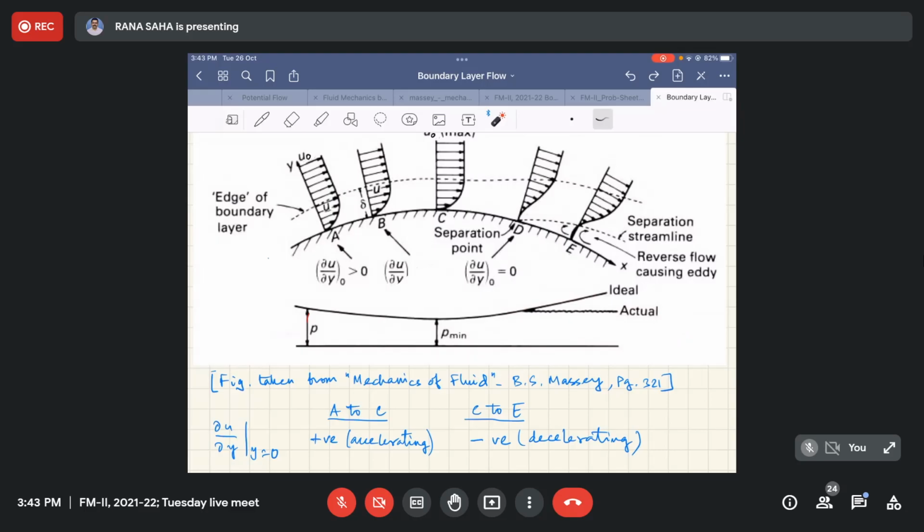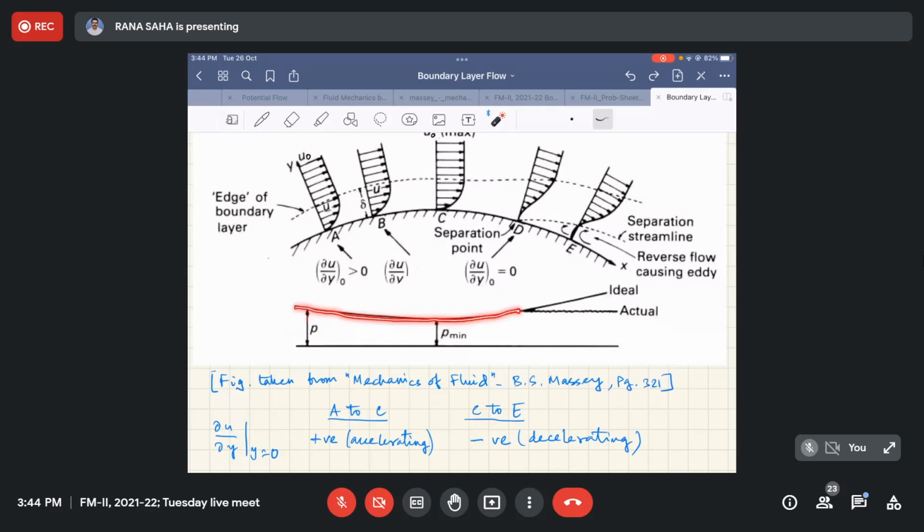So effectively, if we consider the entire surface starting from A to E, the pressure condition, as you can now observe, at the beginning you will be having a stagnation point where the pressure will be maximum, and in the direction of flow it goes on decreasing to P mean, and then it starts recovery.